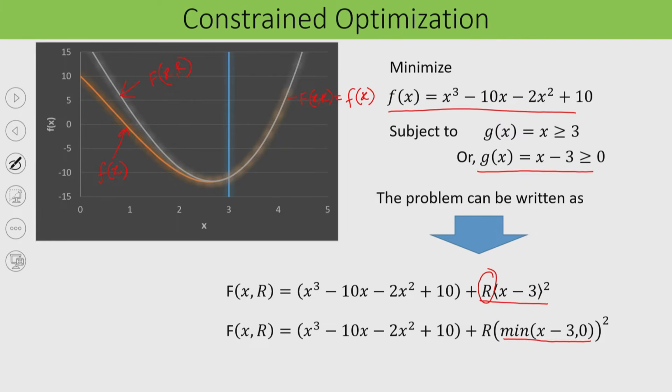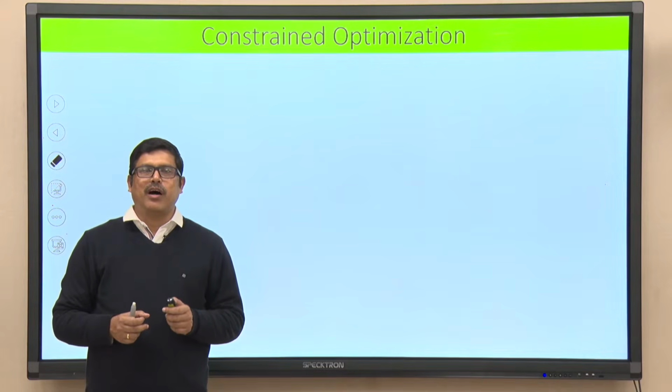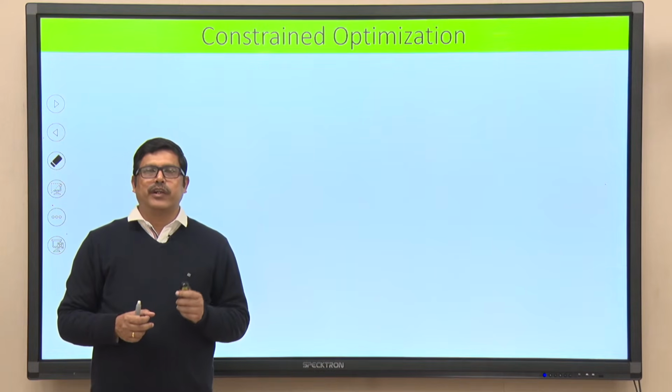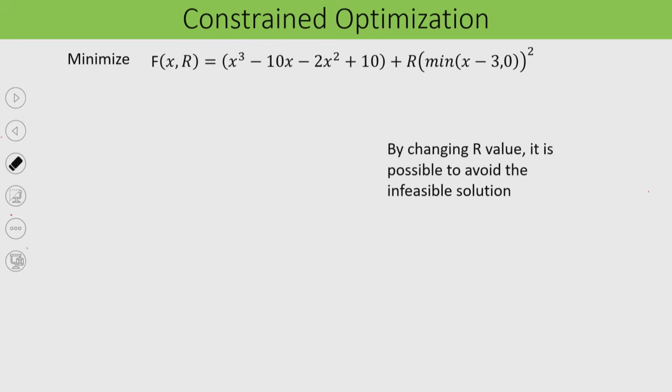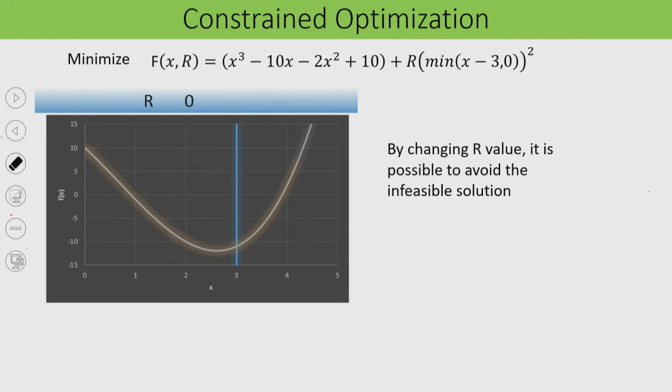This is for a particular value of r. Maybe I can start r with 1 and then increase it. Let us see the effect of r in finding the constrained minimum solution of this problem. So, we will change r.